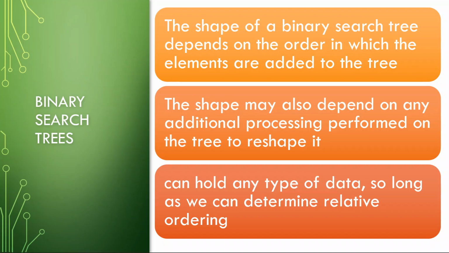So the shape may also depend on any other additional processing performed on the tree to reshape it. This is called a balanced binary search tree that we're not dealing with much right now. We're just sticking with basic binary search trees. And it can hold any type of data so long as we can determine a relative ordering of that actual data.